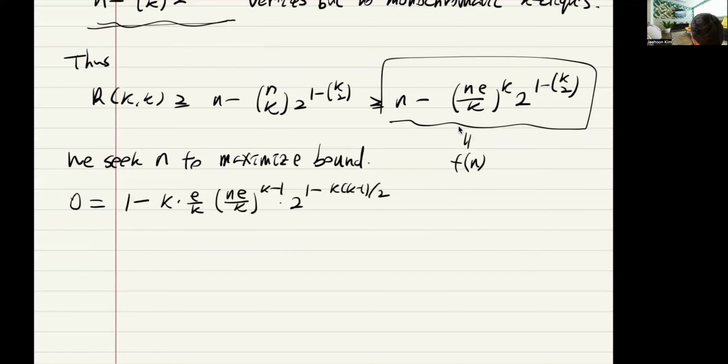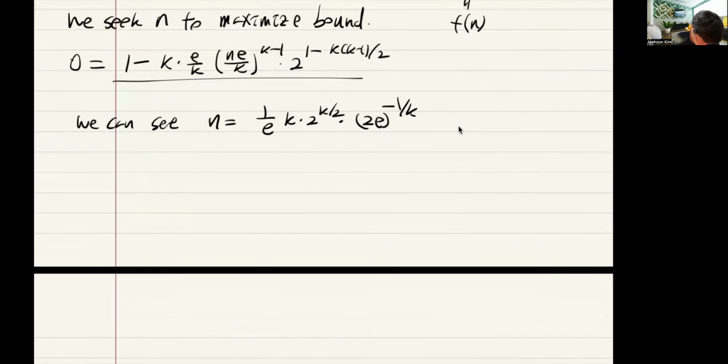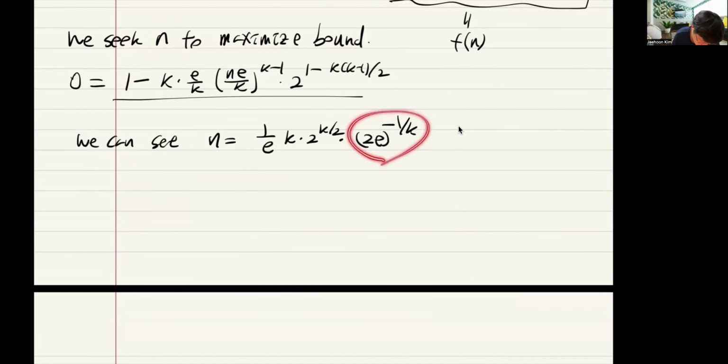In order to make this 0, we can set n to be, just the calculus, 1 over e times K times 2 to the K over 2 times 2 to the e to the negative 1 over K. And when K is large, this is almost 1 plus 0, so this is almost 1.